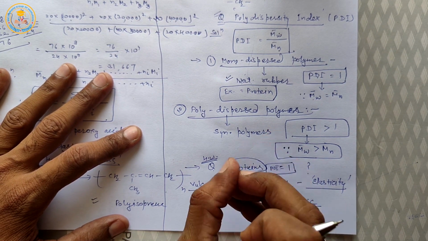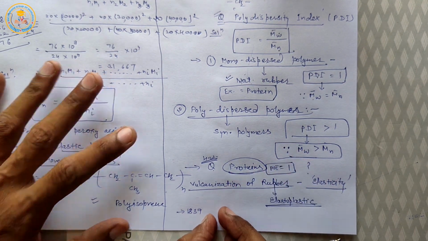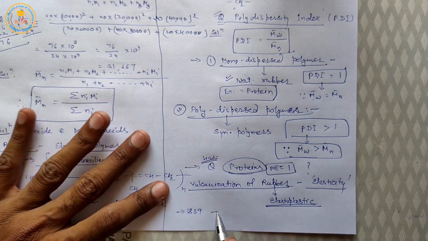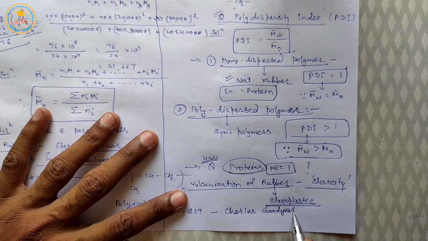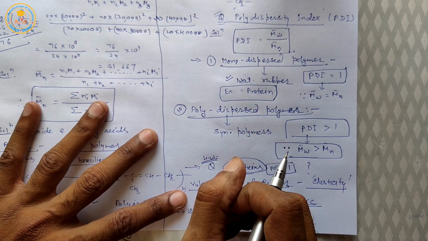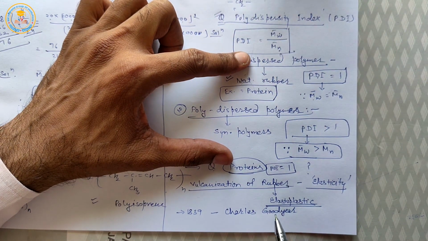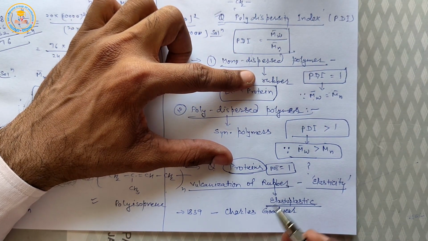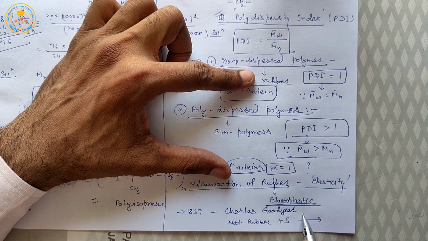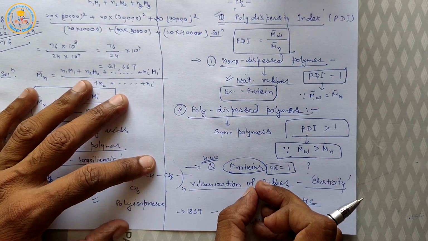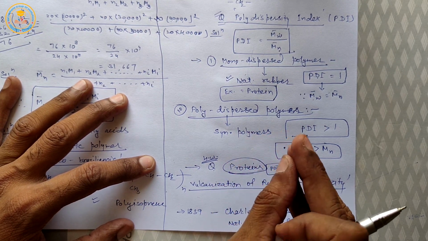Accidentally, in 1839, Charles Goodyear discovered that on heating natural rubber with sulfur, very, very important, its properties are entirely changed.